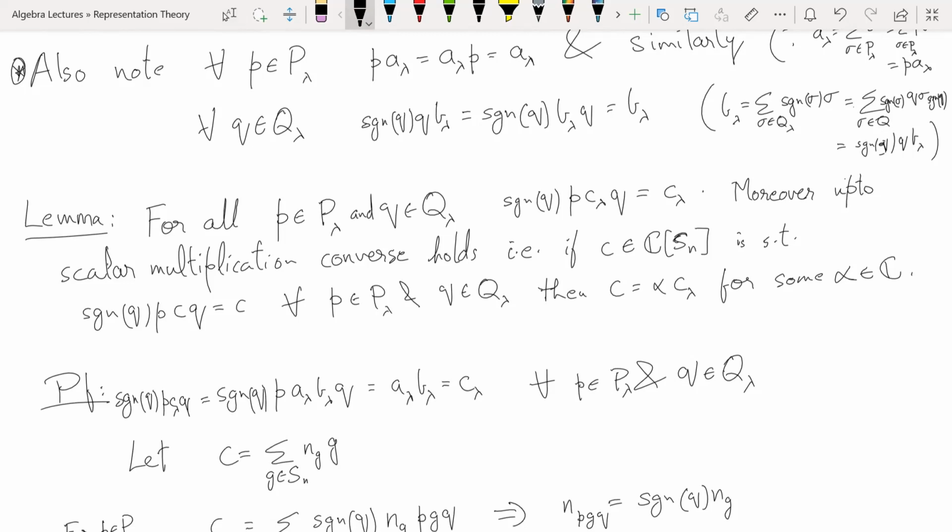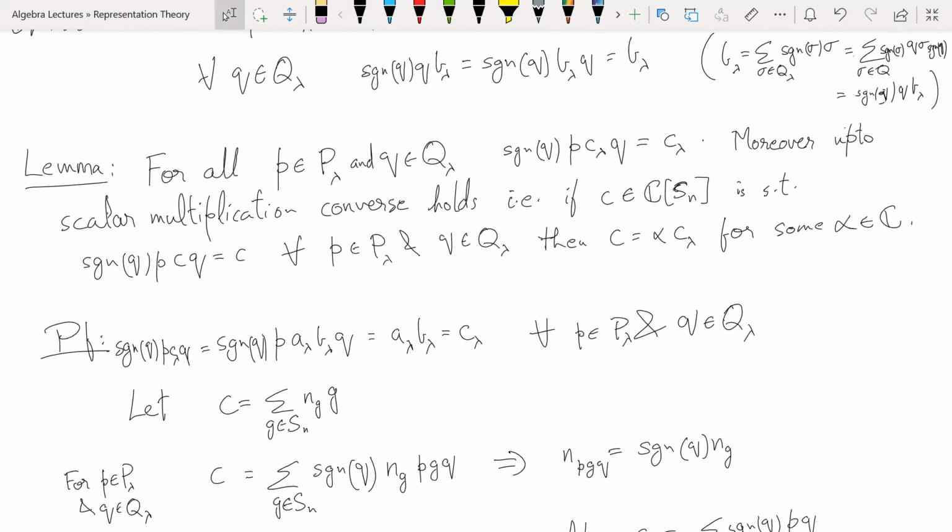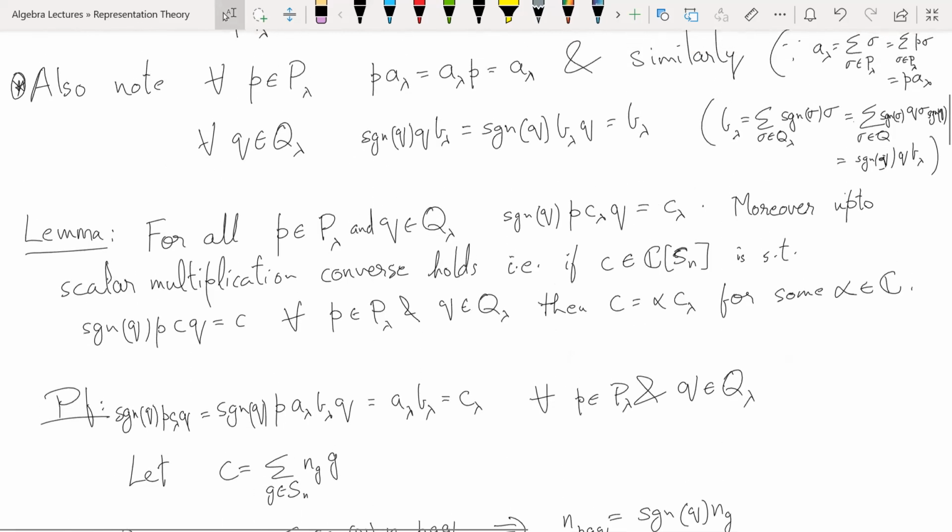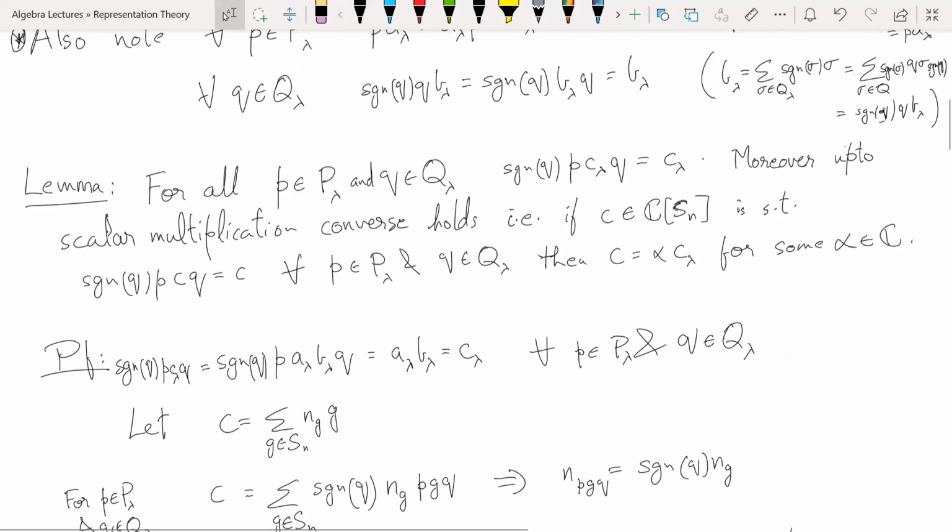You replace C lambda by A lambda times B lambda, but P times A lambda is A lambda and B lambda times Q is sign of Q times B lambda. So the sign of Q squared is just 1. So you get A lambda times B lambda, which is C lambda. This is true for all P in capital P lambda and Q in capital Q lambda. As I said, this is the same difficulty as that one.